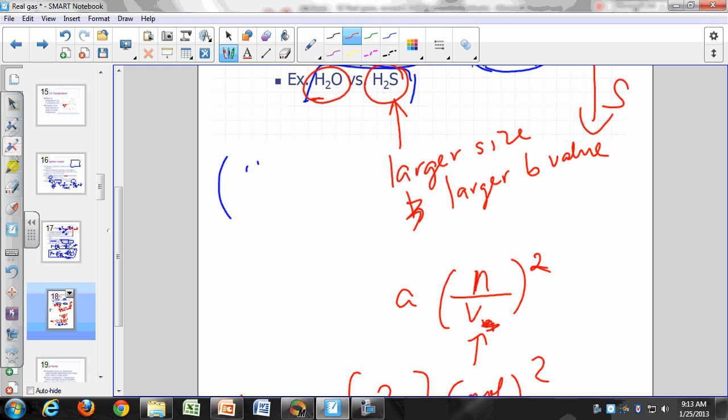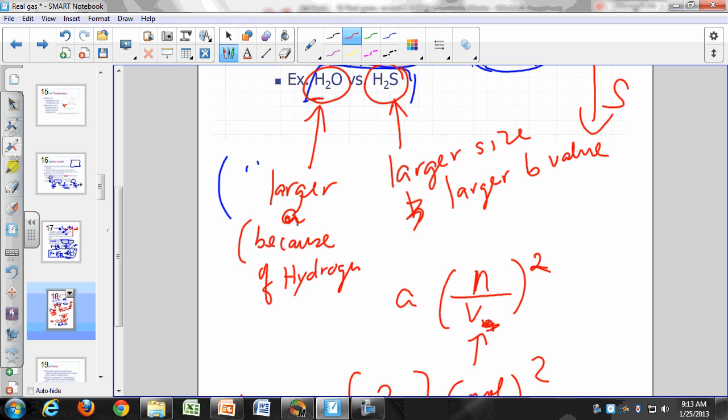Okay, because of hydrogen bonding, this actually has a larger A. Okay, so you can look these values up. There's a table in your book that has these.